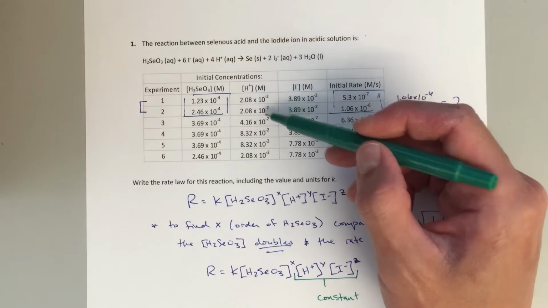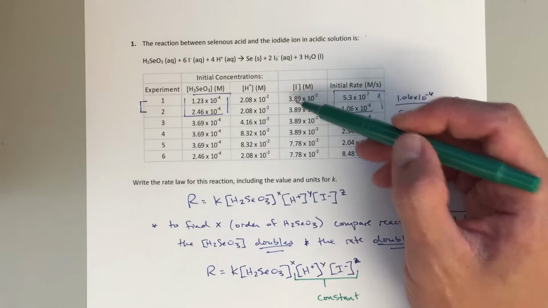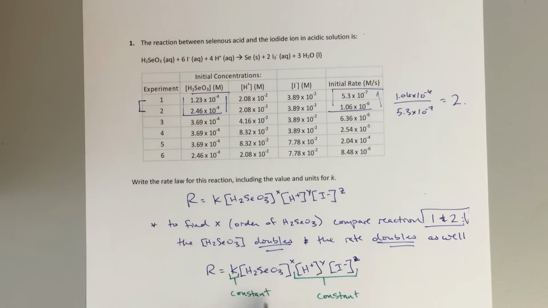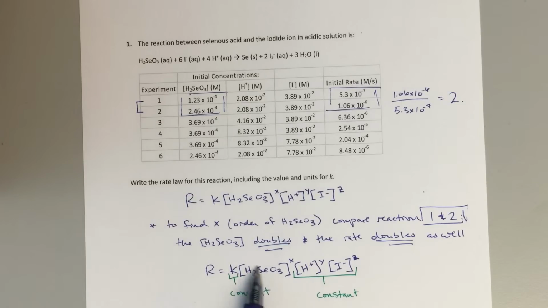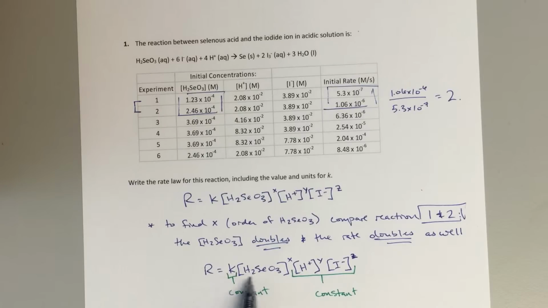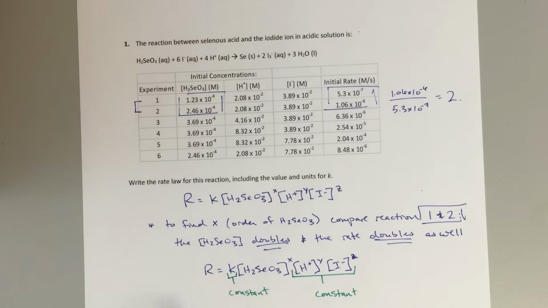Looking at my experiment 1 values and experiment 2 values, these are all going to be constant. Same with my K value, this is going to be constant as well. So we know that the change in my concentration of H2SeO3 is what caused the change in the rate, right? R represents the rate of my reaction. So I know that a doubling here caused a doubling in my R value.